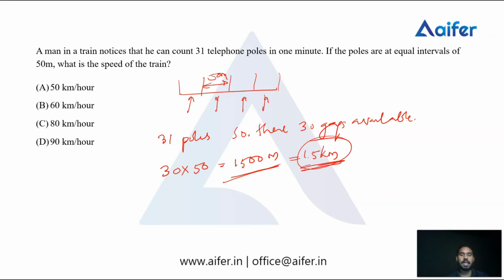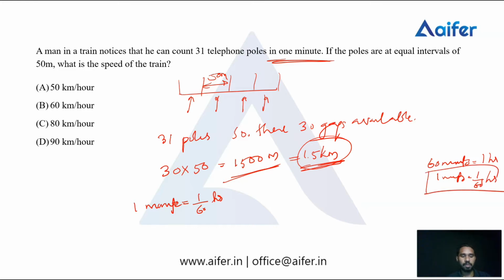Then he noticed these 31 telephone poles in 1 minute. So 1 minute is equal to 1 by 60 hour, since 60 minutes equal 1 hour.